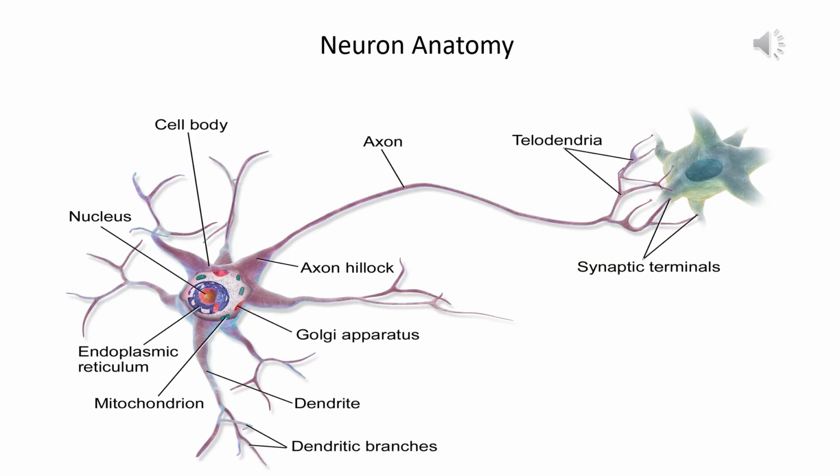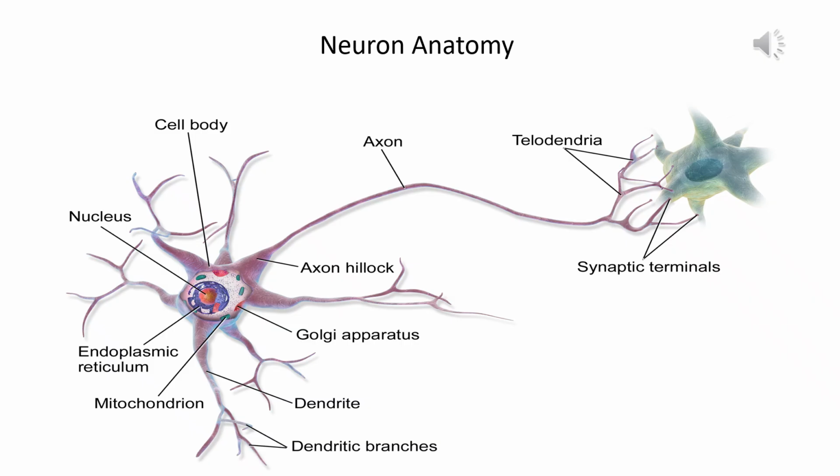Well, there's no such thing as a perfect illustration of the anatomy of a neuron. And the reason for that is because we have neurons that come in a variety of shapes. Some of them are called unipolar. They extend out only in one direction.